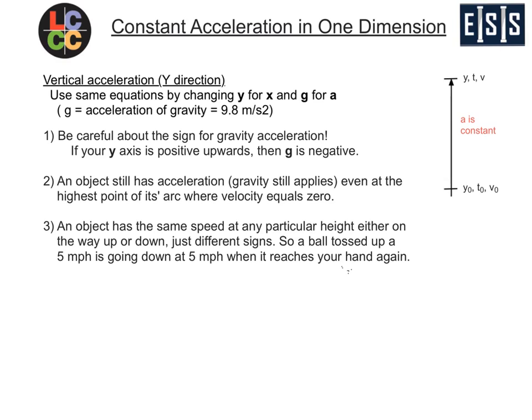The equations are going to stay the same. We're still only moving along one axis, only now it's the y-axis instead of the x. So the equations I showed on the page before, you can still use them, only now you're going to substitute y for the x in those equations.